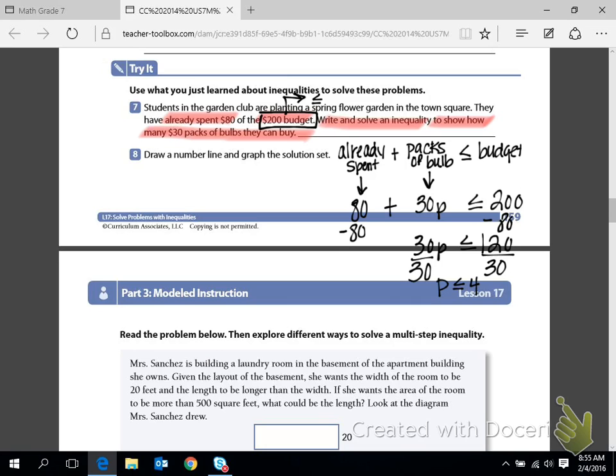No. Could you have a negative amount of packs of bulbs that you buy? No. So our number line will contain the numbers included in our solution set. We could have 4, 3, 2, 1, and 0. So we use a closed dot on each one of those whole numbers.